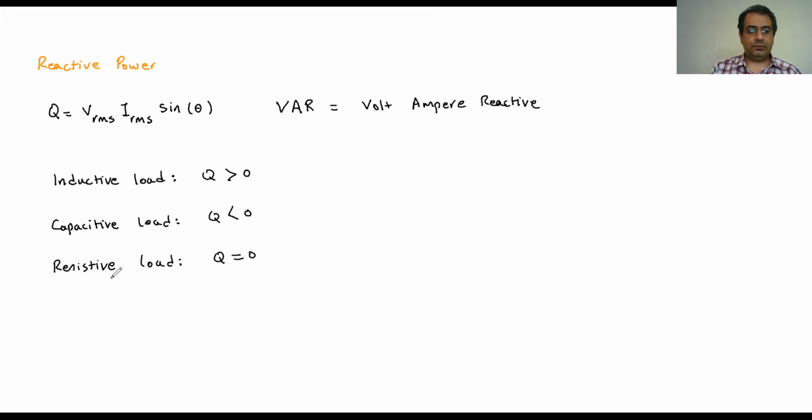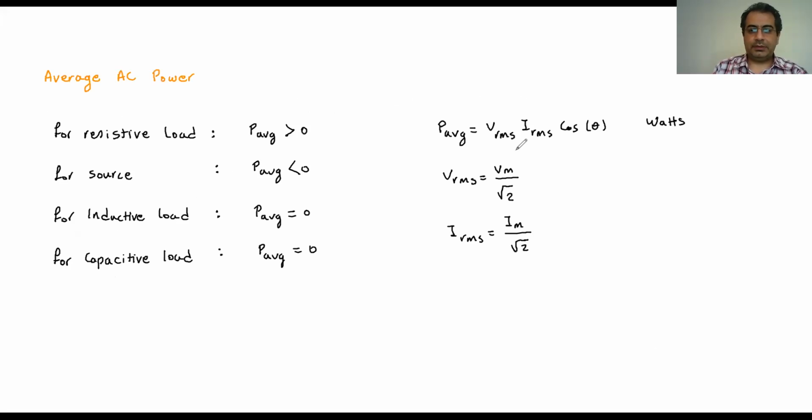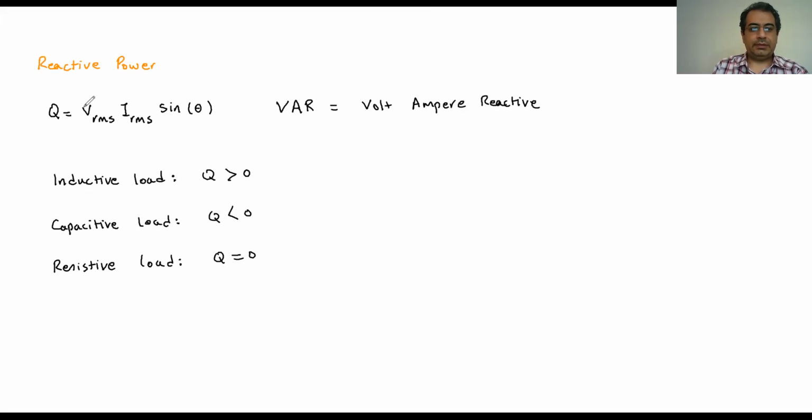It doesn't have anything to do with the resistance. For the resistance, we only talk about the average power, which is 0 for the other two.